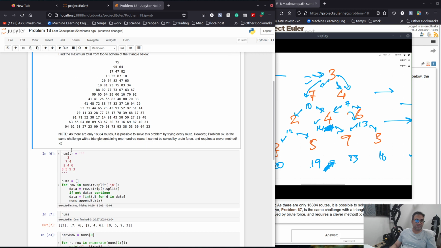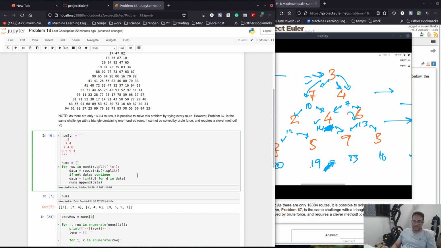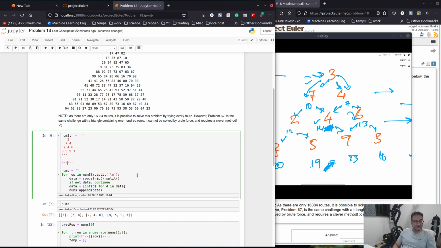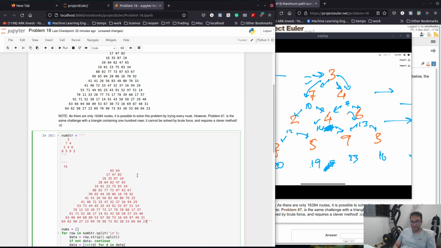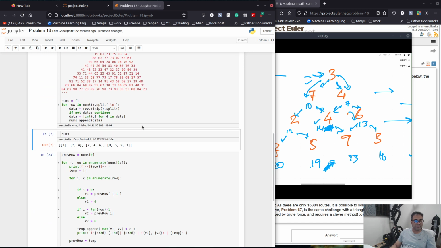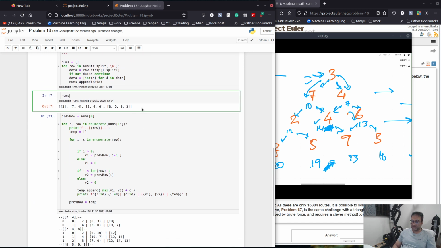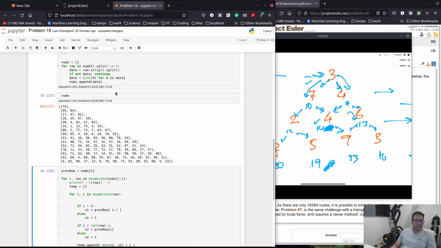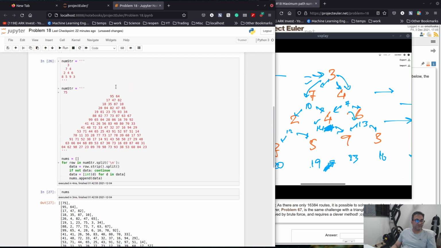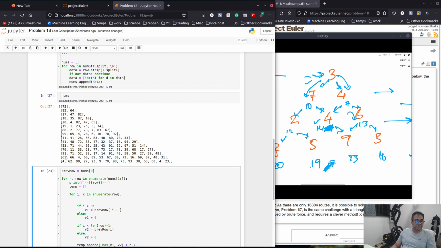Copy, and for that problem, right? And this one, Nonstring equals that, and that's nums, so it starts from 75 and it's 4 all the way to 23.